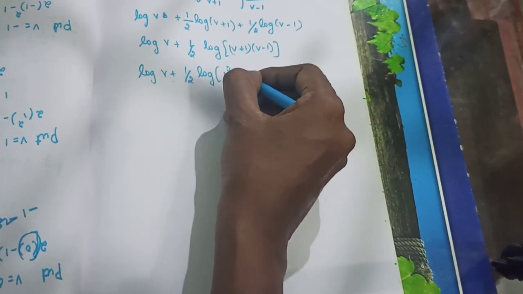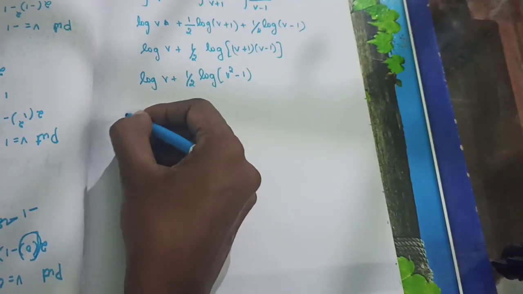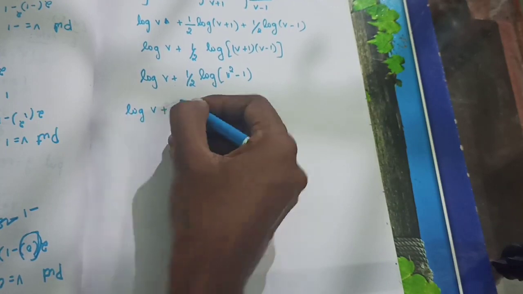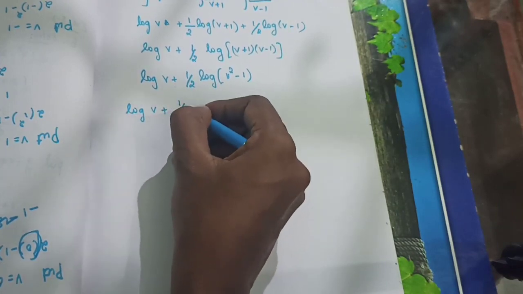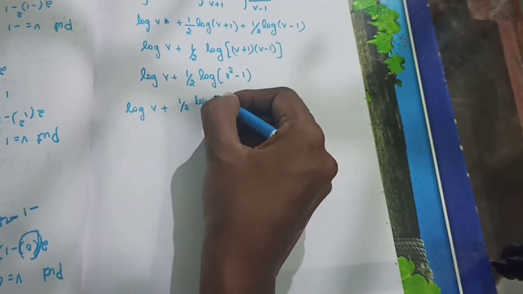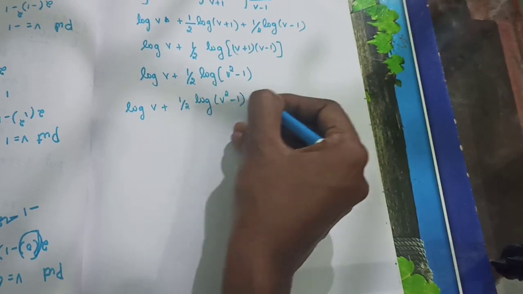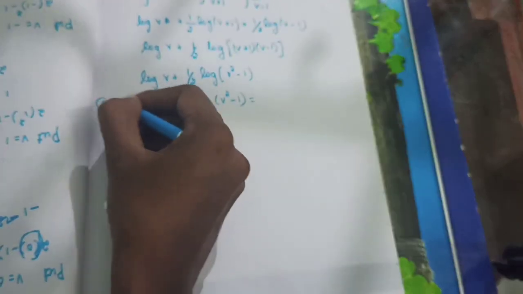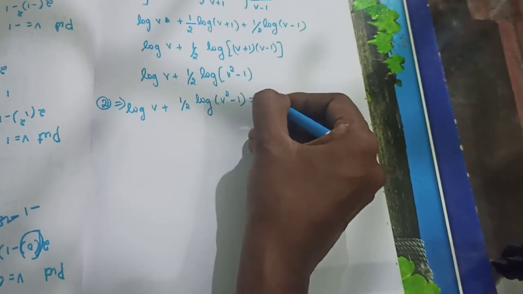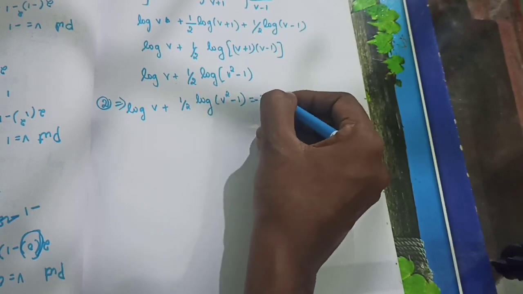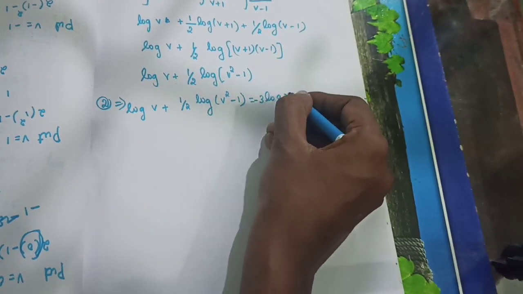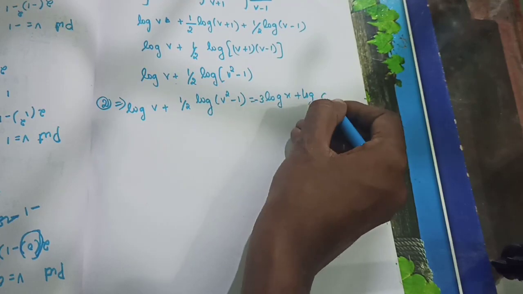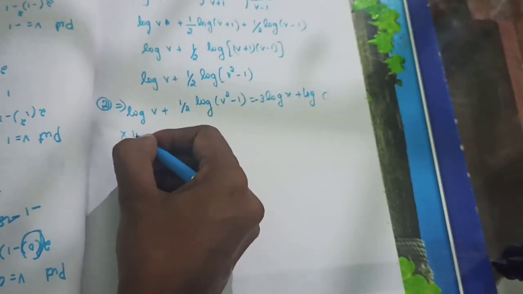So v square minus 1. Then log v plus 1 by 2 log (v square minus 1) is equal to equation 2 we are going to substitute. So 3 into dx, minus 3 is there. dx by x means log x. So log x plus log c. So we are going to multiply by 2.